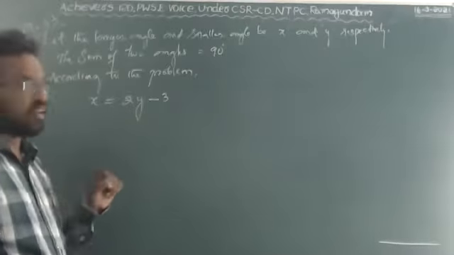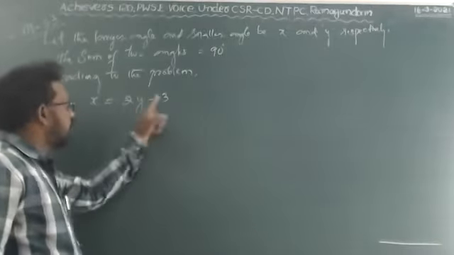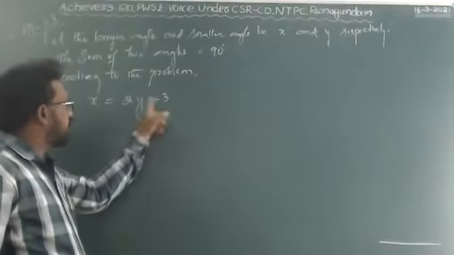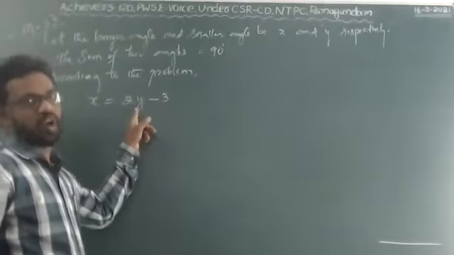See how clear? The larger angle is equal to twice the smaller angle less 3.